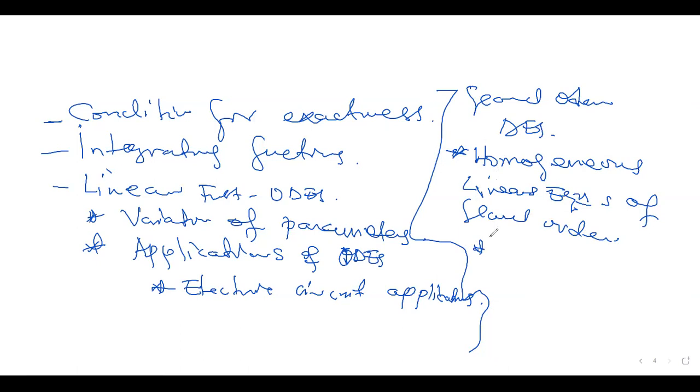Then we shall go on to look at solutions of second order ODEs with constant coefficients.